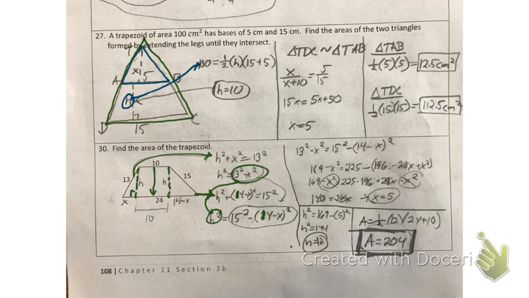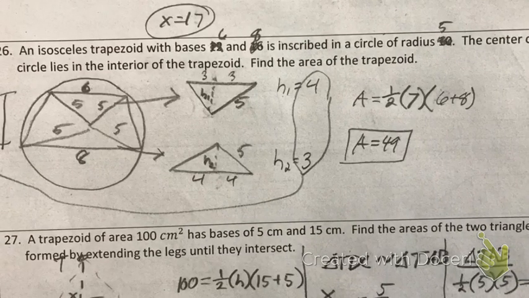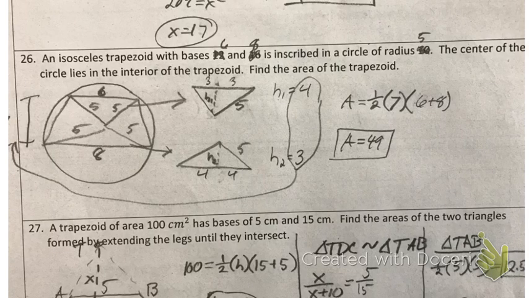26. Number 26. Say that again. I'm sorry. I am putting 24 for the area. Okay. Let's see where we differed. Oh, did I not finish 26? Oh, no, I got it. No, we're okay.